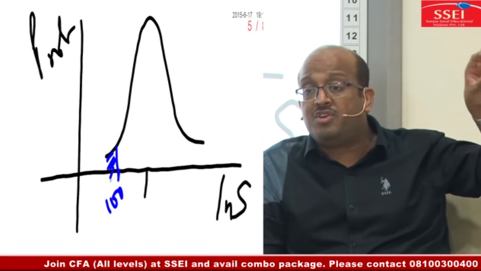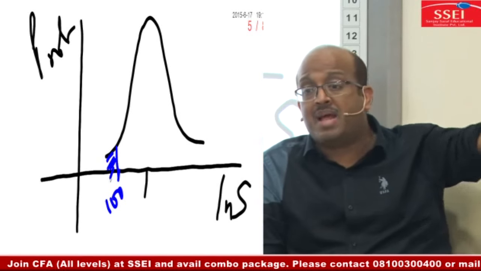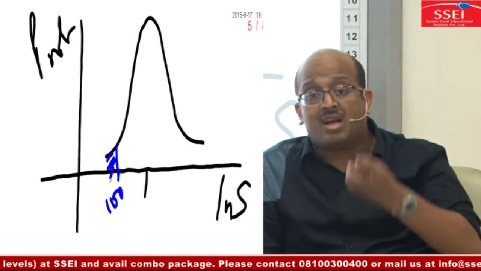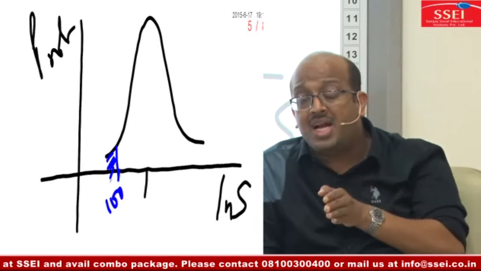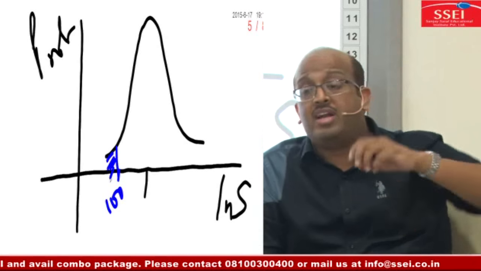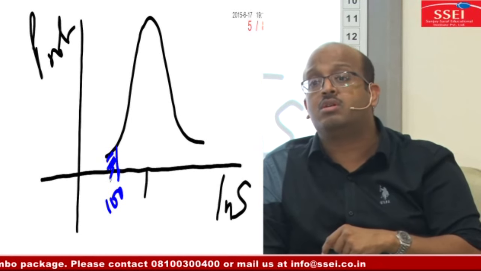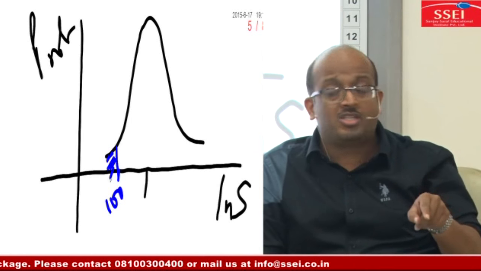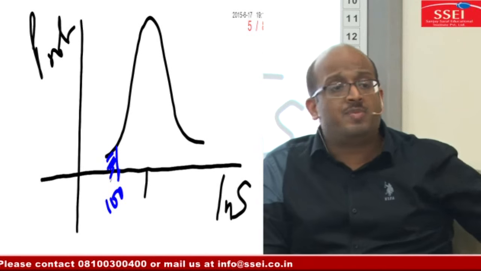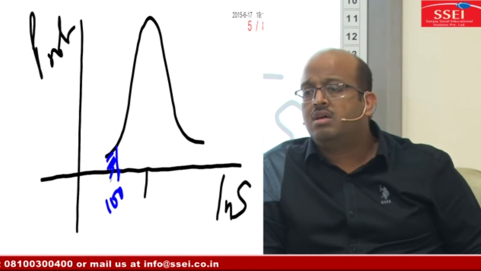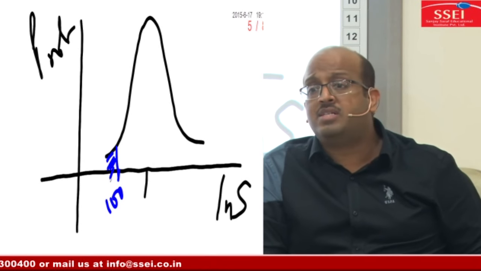The option price running in the market, which implies an IV of, say, 28%, means that according to the world, the probability that the stock price will go below 100 is more than the probability implied by the log normal distribution. If the log normal distribution is saying 2%, the world believes there is more than a 2% chance. It's 2.5%, it's 3%.